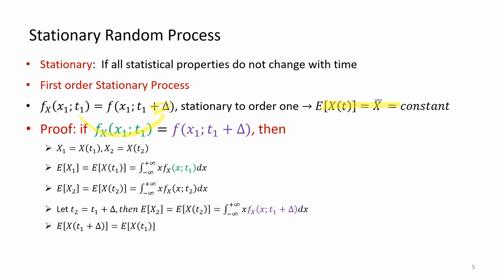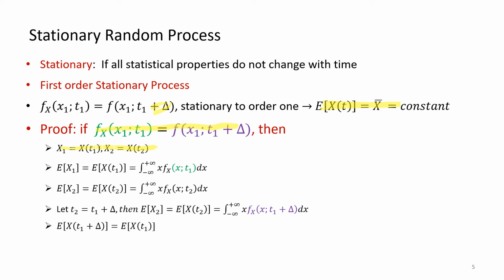We can prove this quickly. Okay, if the PDF does not change by a time shift of delta, then we can define two random variables at two instances of time, x1 and x2. So we do have different random variables.